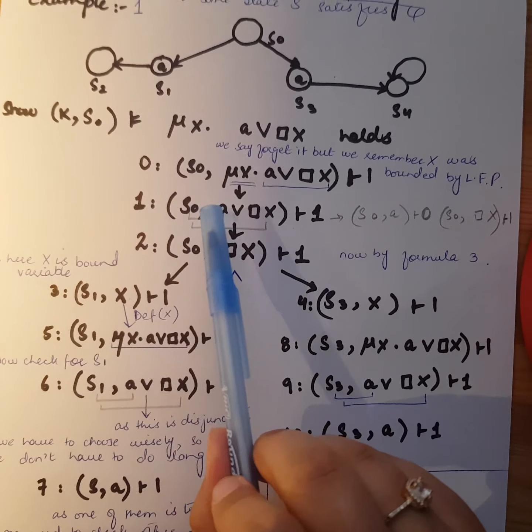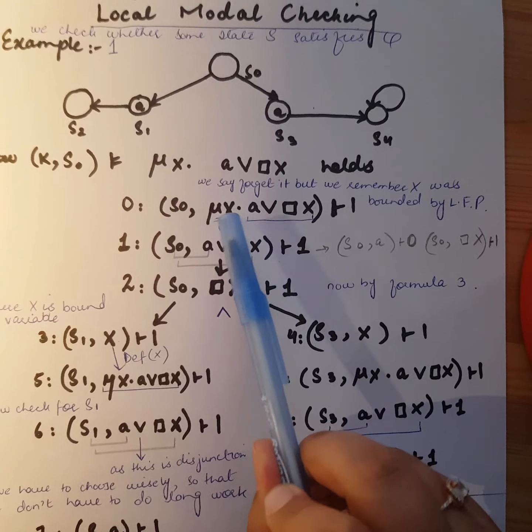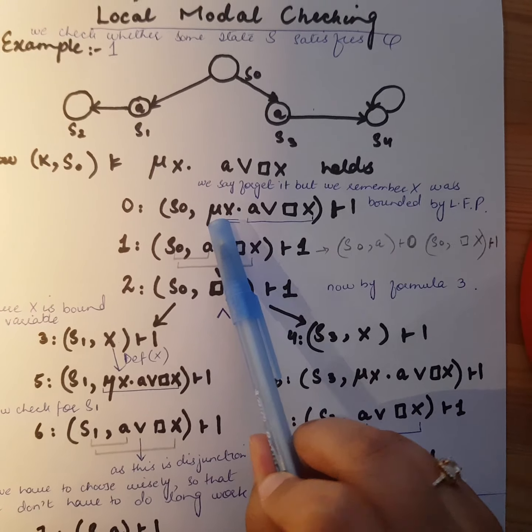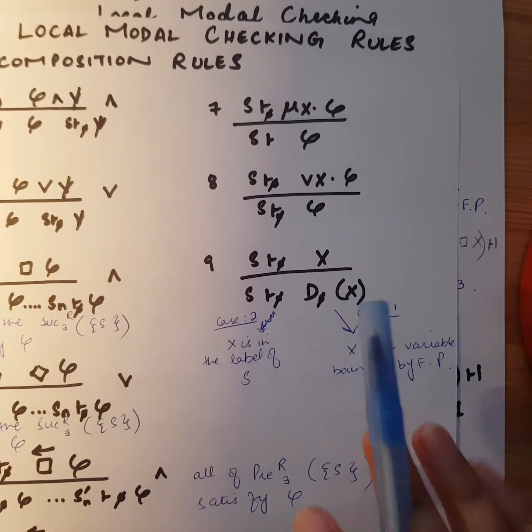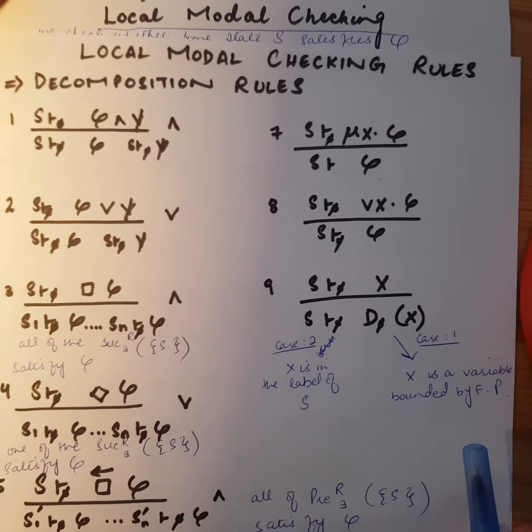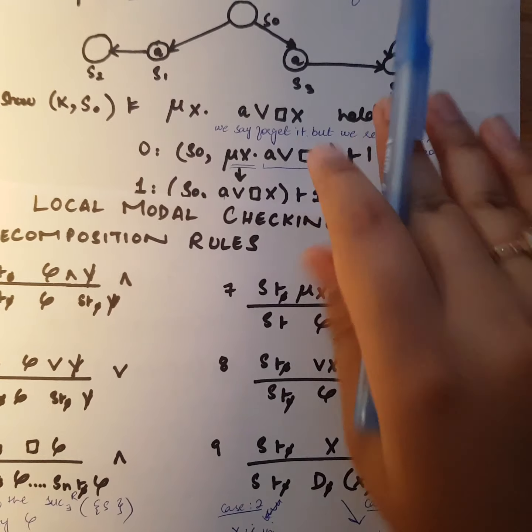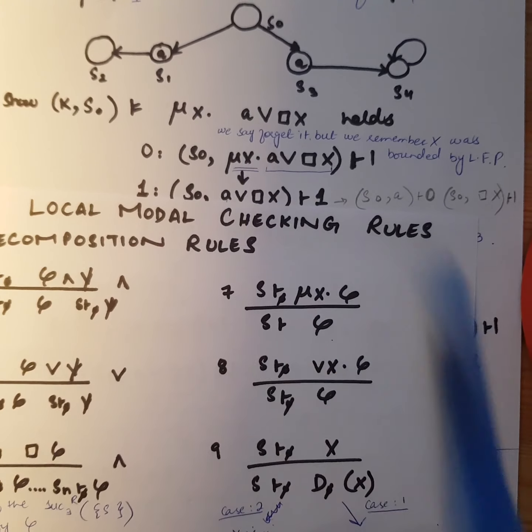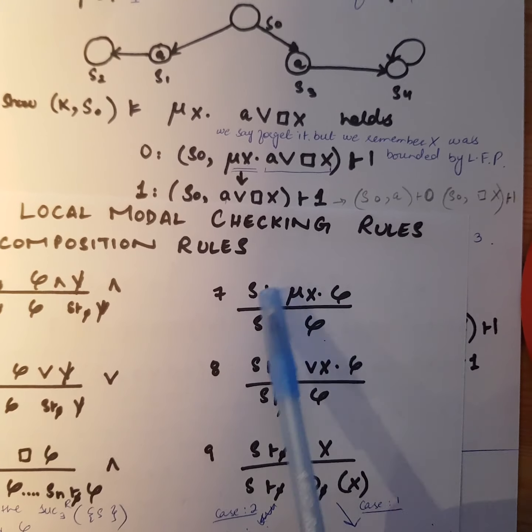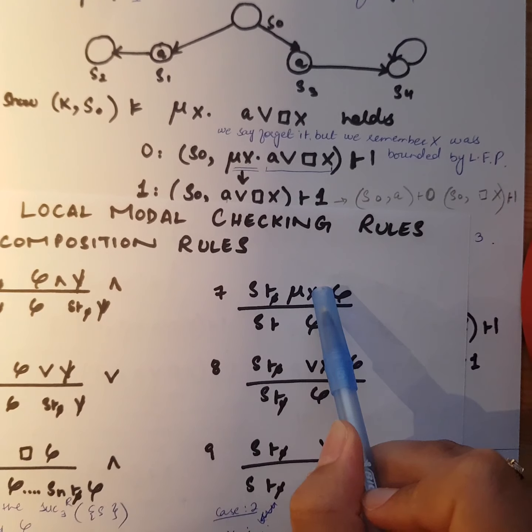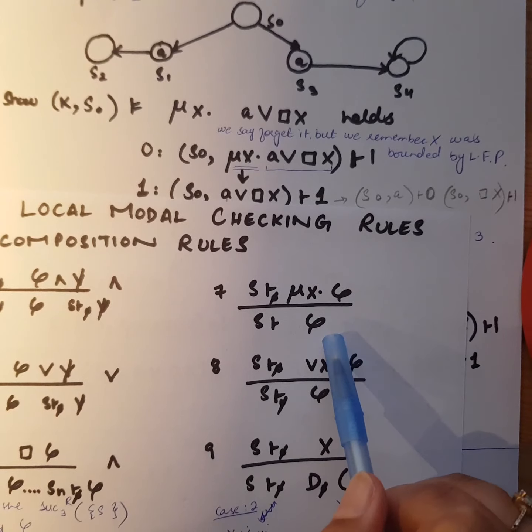First case, mu x. Mu is the least fixed point, and according to the local model checking rules, when it's a least fixed point formula, forget the mu and replace it with the state and the formula.